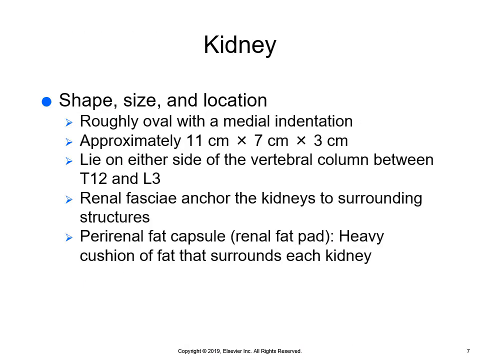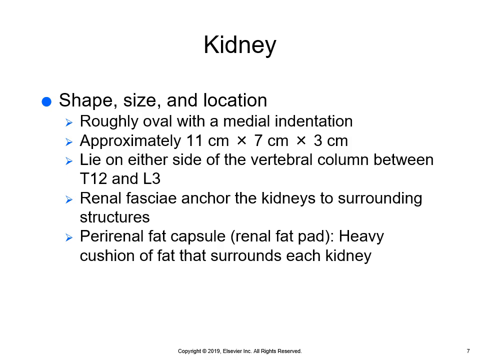All right, so now we're going to talk about the kidney in terms of its shape, size, and location, which we've talked a little bit about already. In terms of shape, they are considered to be bean-shaped organs. In terms of size, they're about 11 centimeters long, 7 centimeters wide, and 3 centimeters thick.